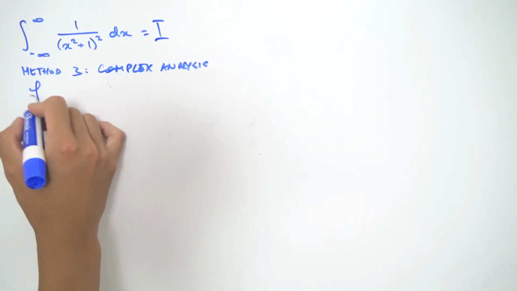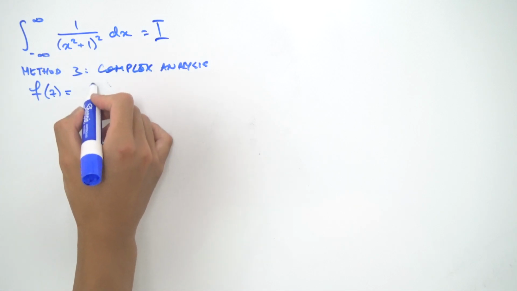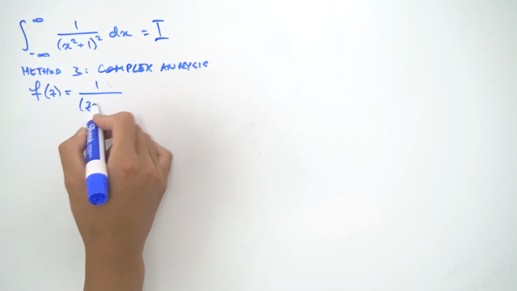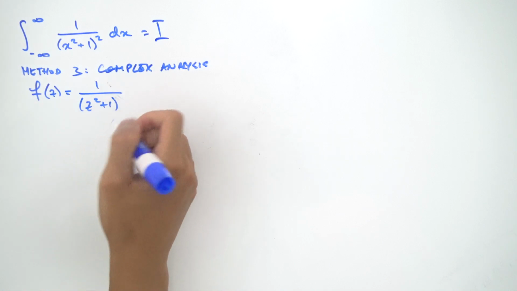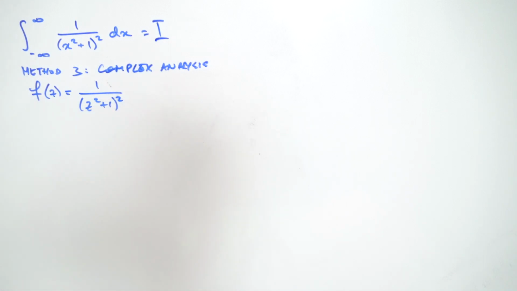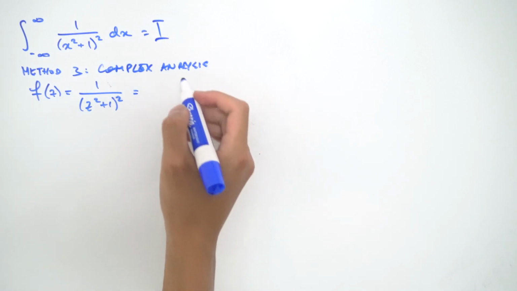We just first of all define for ourselves a function f(z), which is exactly the integrand, but we replace all the x's with a z, so we have 1 over (z squared plus 1), but the whole thing's squared. And whenever we define a function, it's always nice to figure out where the poles are, because we can use Cauchy's residue theorem. So we can actually decompose this into some linear factors.